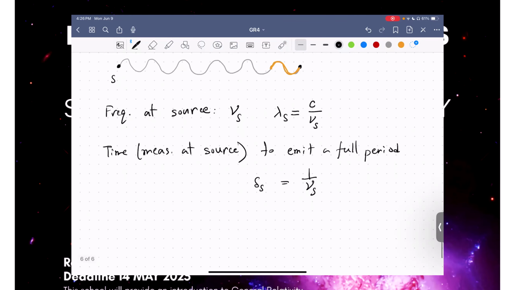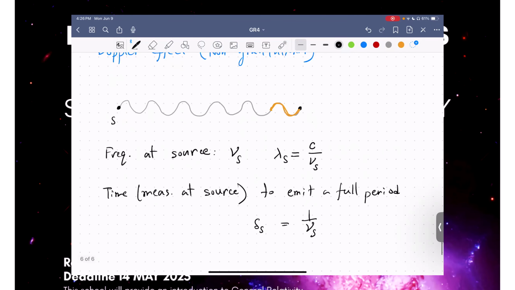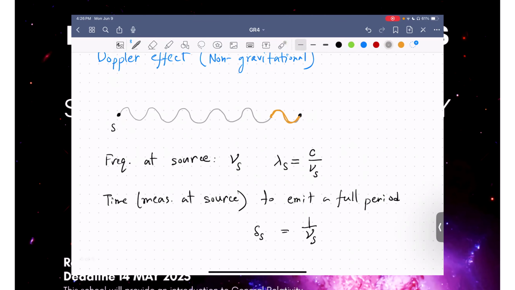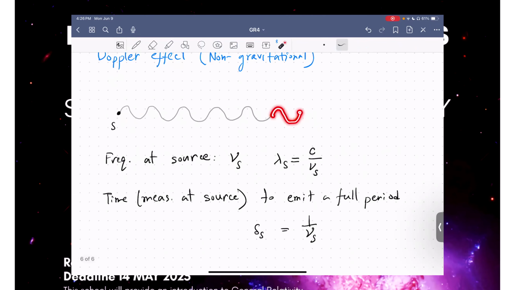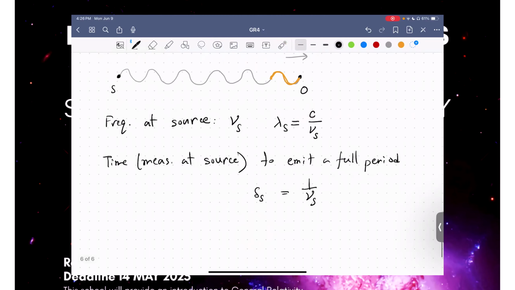Now here we have to be careful, because when this observer receives this light emission, it is moving away from the source at some velocity, let's say v. If that is the case, then this time, which is measured by the source, will be perceived by the observer as slightly time dilated.